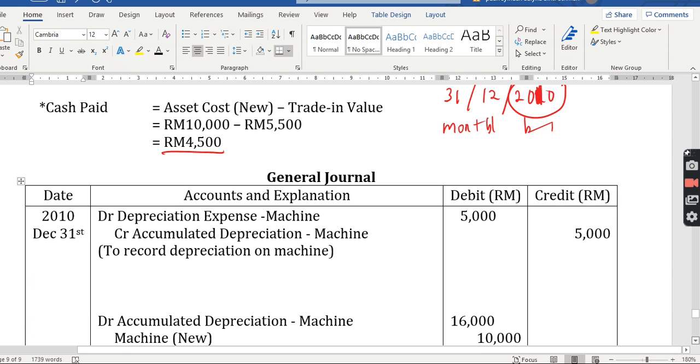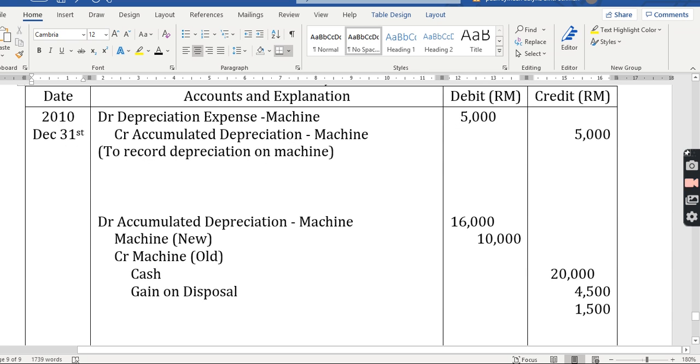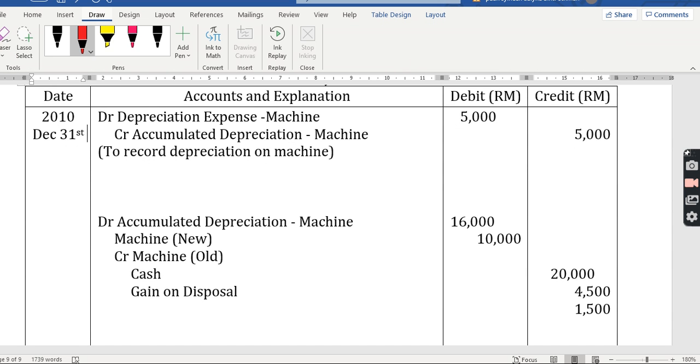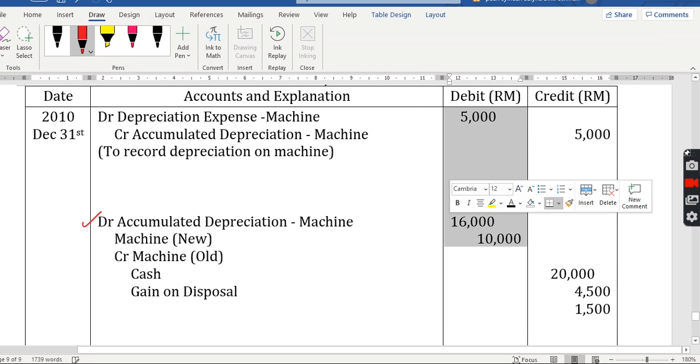Baru kita boleh close the account. So now I need to dispose the asset. Catatan paling asas untuk disposal, satu, I need to close the accumulated depreciation account. So accumulated depreciation account is 16,000.